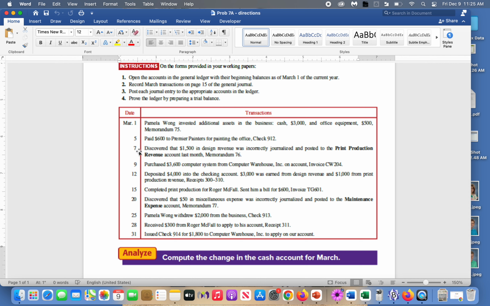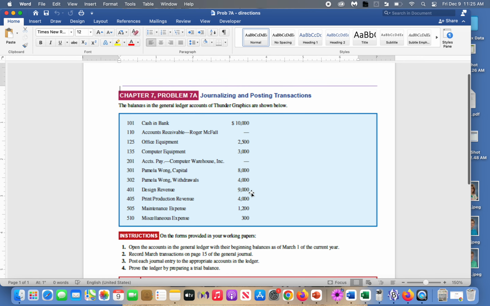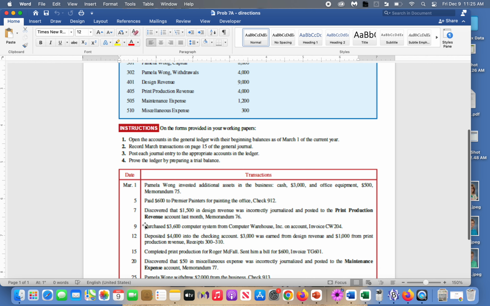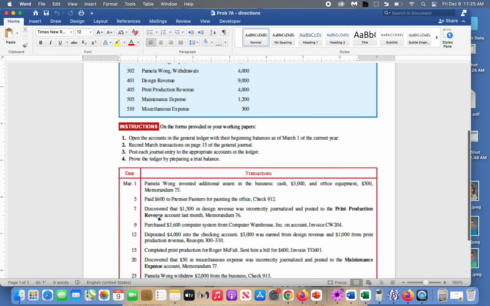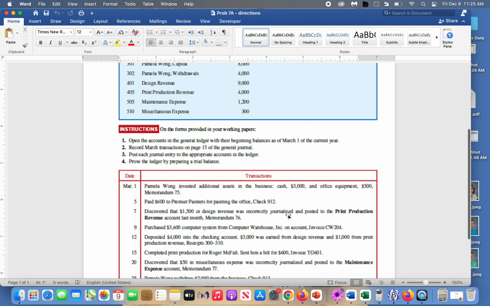Then on March 7th, discovered $1,500 in design revenue. So we do have a balance of design revenue $9,000, print production revenue $4,000 in the credit, okay? But on March 7th, so you always post and journal the day you discovered it. $1,500 in design revenue was incorrectly journalized and posted to the print production revenue last month.